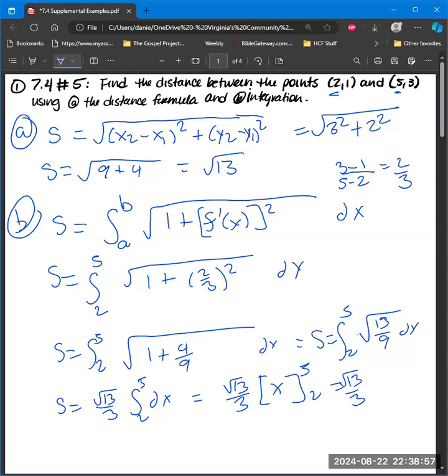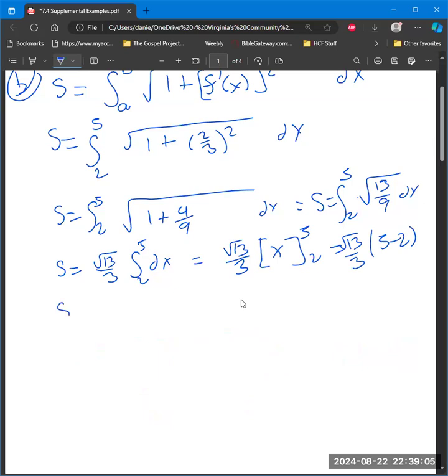That is root 13 over 3 times 5 minus 2, which is 3.